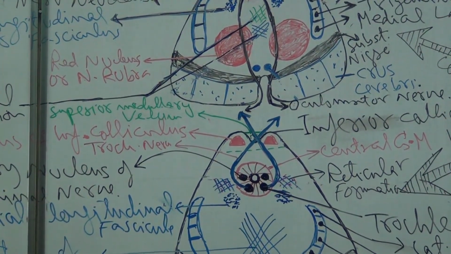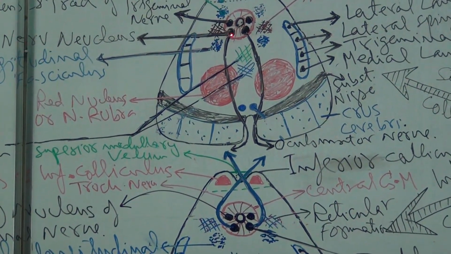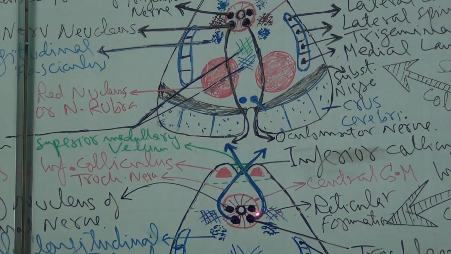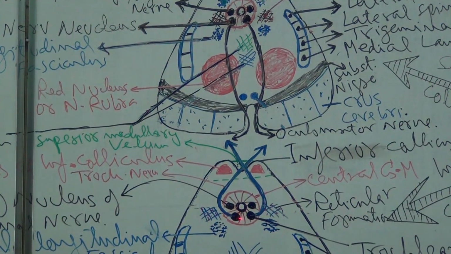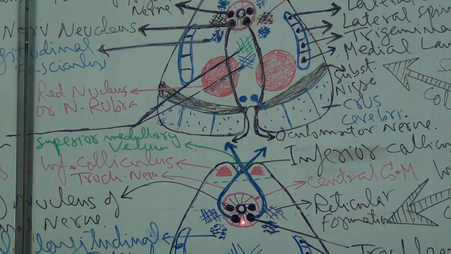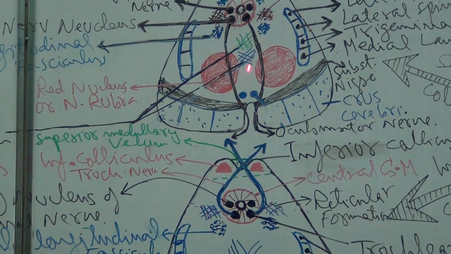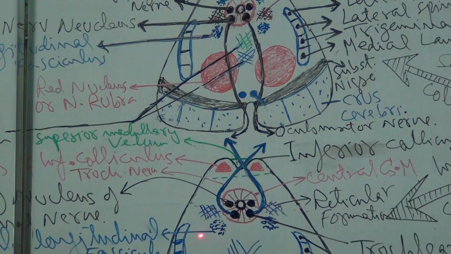Then in the upper half, in the central gray matter, anterolateral to the aqueduct is the oculomotor nucleus on each side, while in the lower half it is the trochlear nucleus on each side. In the upper half, this is the course of the oculomotor nerve, which runs forwards, and in the lower half, this is the course of the trochlear nerve, which runs backwards.